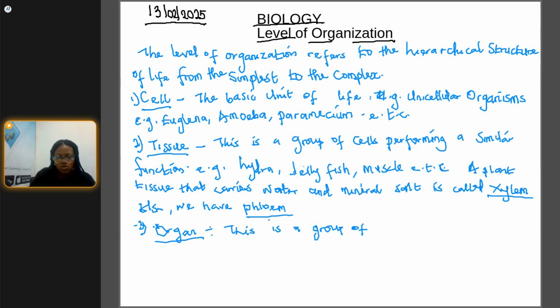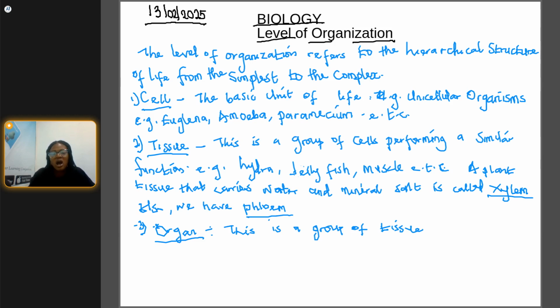So this is a group of tissue, and we have different organs in our body. We have different organs like your heart. So we have the heart, it's an organ. You have the kidney, you have the liver, all these are organs found in the body. And even in plants, you have the onion bulbs.